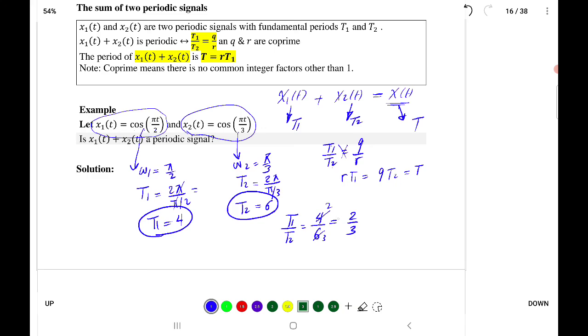So what's happening now, if you cross multiply, 2 times T2 is equal to 3 times T1, that's equal to the period of the resultant signal x of t, which is equal to x1 plus x2. Of course you tell me which one you're going to use. Are you going to use 3T1 or 2T2? Anyone, it doesn't matter, they're equal. So let me just get this one.